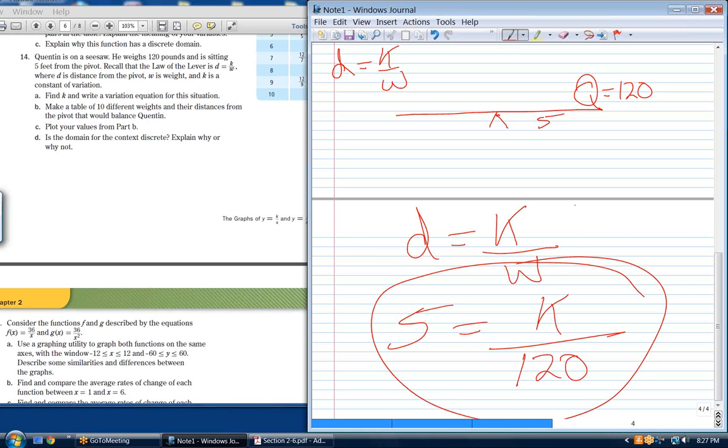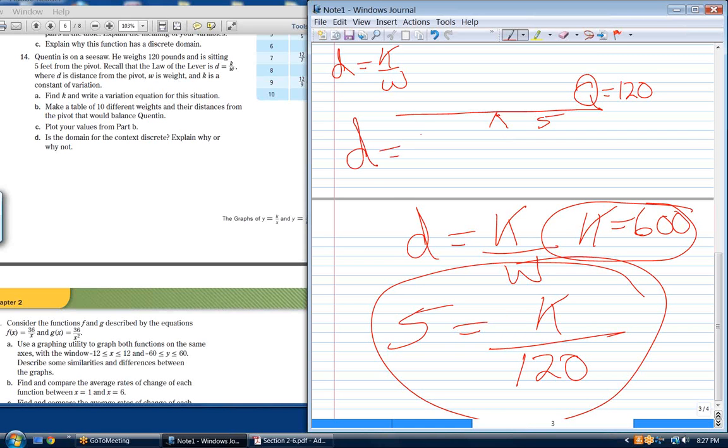So K is equal to 600. So we solved for K. Now if we wanted the specific equation for this seesaw, it would be D equals 600 over W.